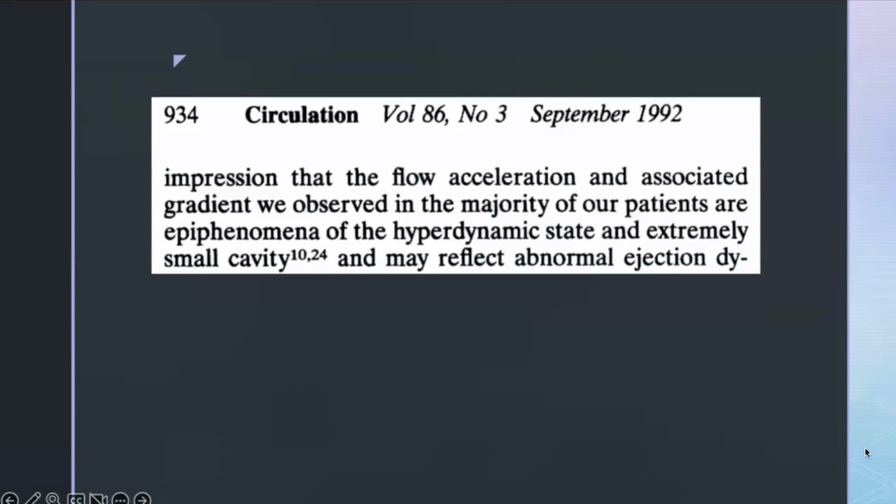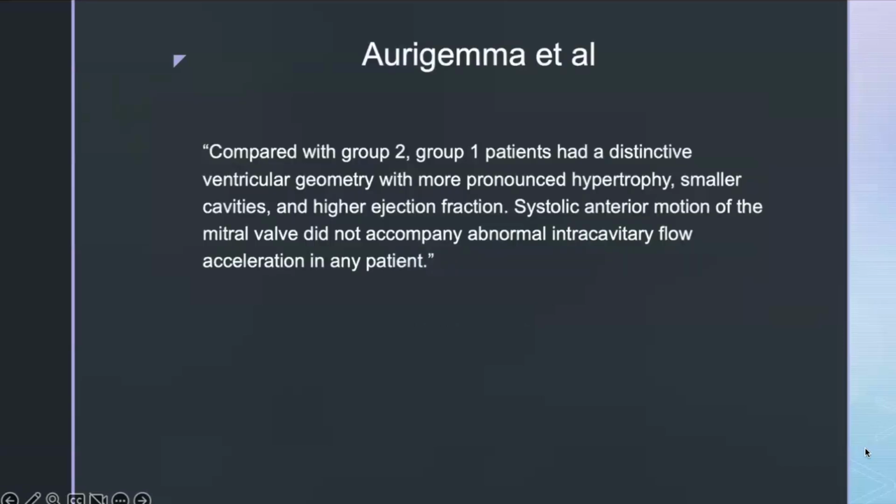Another study that was done quite far back, I'm going to go to the next slide. So this was done in 1992, and it was published in Circulation, and it compared 2 groups of patients that had distinct ventricular geometry. One had pronounced hypertrophy, smaller ventricles, higher EF, and the other one had our classic intracavitary gradient, a systolic anterior motion.